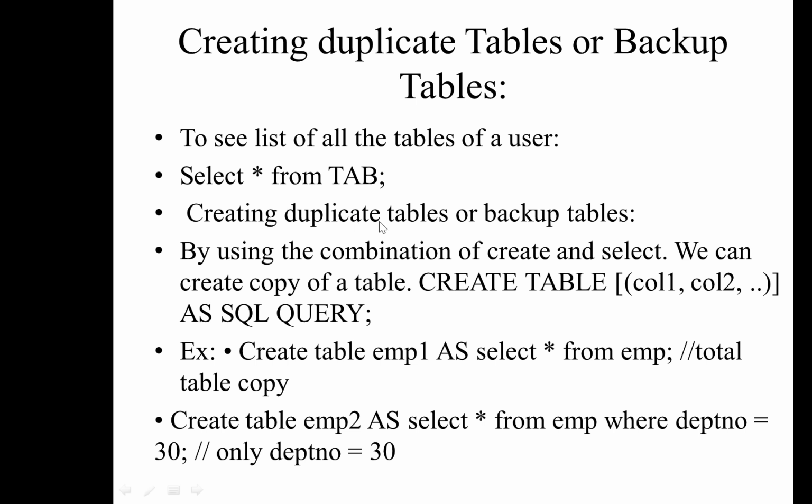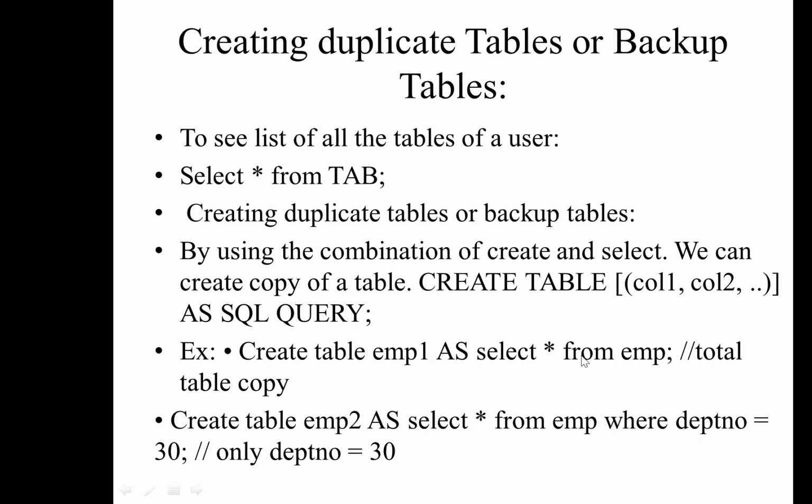Creating duplicate tables or backup tables: by using the combination of create and select, we can create a copy of a table. Create table, column 1, column 2 as SQL query, as you know already. So create table employee1 as select star from employee displays all the content from the table called employee.